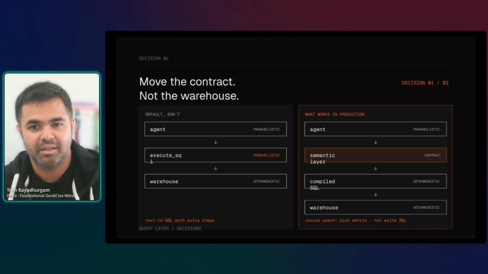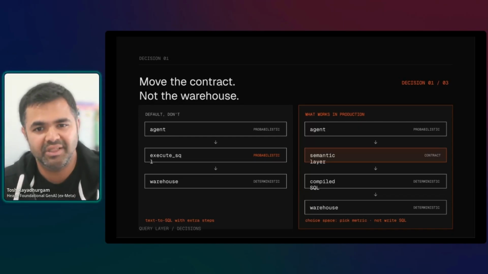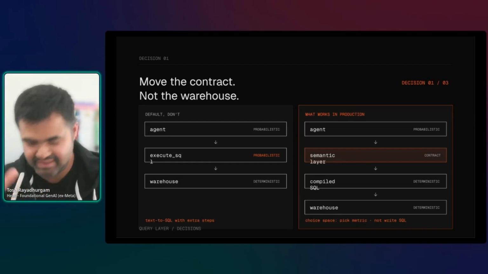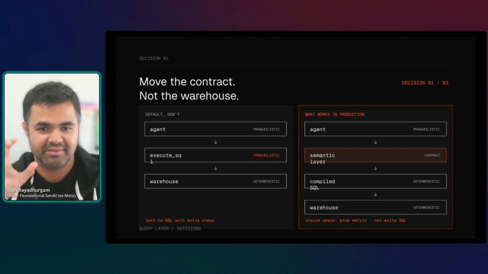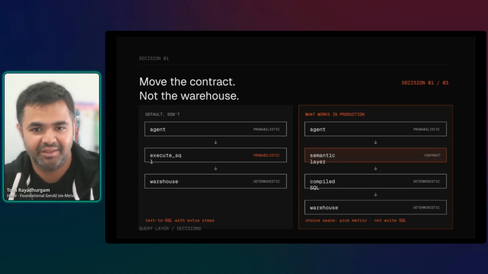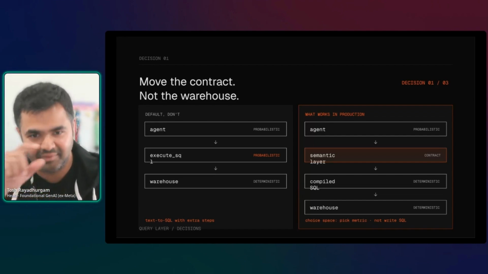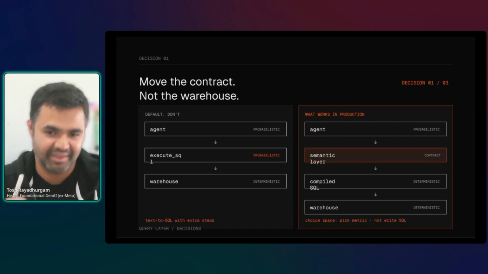The default thing, the thing everyone reaches for first, is you give the agent execute SQL, describe schema, or list tables. And then the agent reads the schema, writes the query, and runs it.